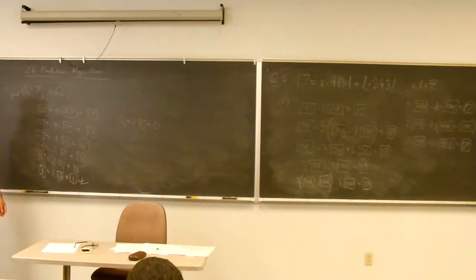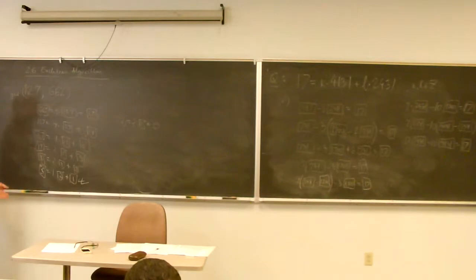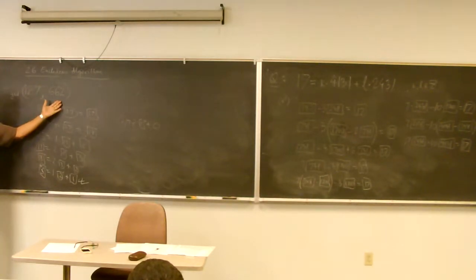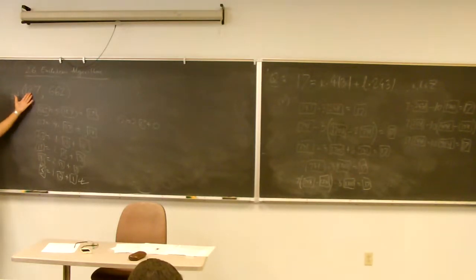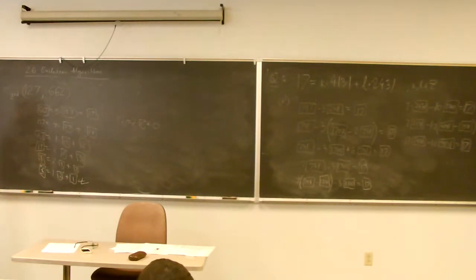All right, so what makes this procedure so important is it is quite simple and quite quick. It would take me a while to factor out 662, and a while to see that 127 is prime. Here, I don't even know if it's prime or not. I just run down a couple of divisions, and you immediately get that GCD.